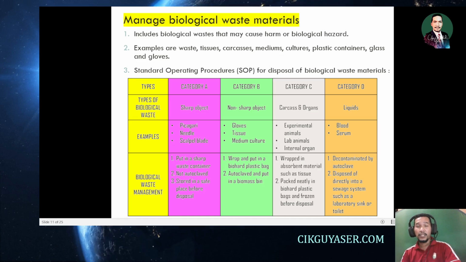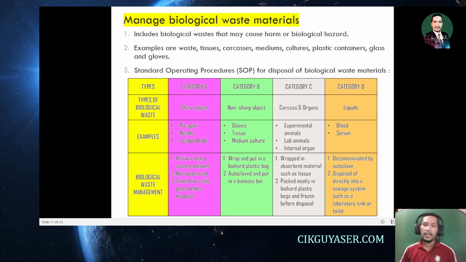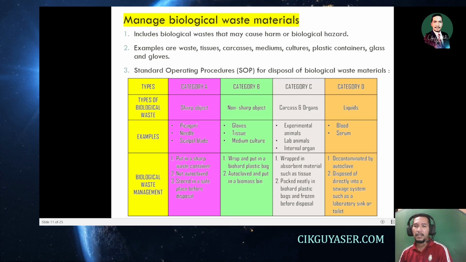And for category D, liquid, we decontaminate it by autoclave, and after that we will dispose of it directly into the sewage system such as a lab sink or toilet.